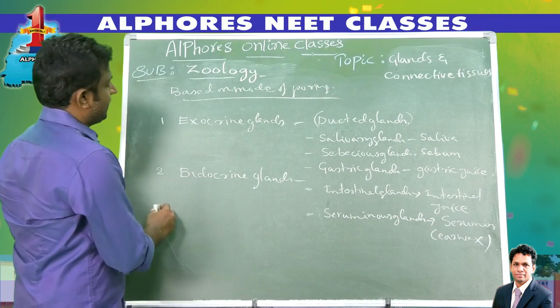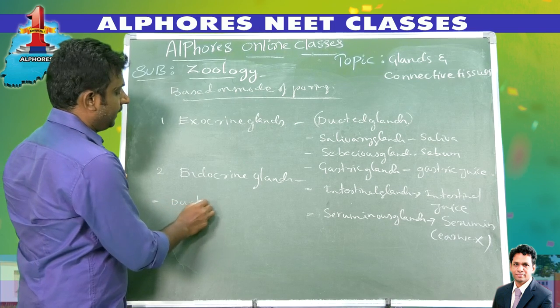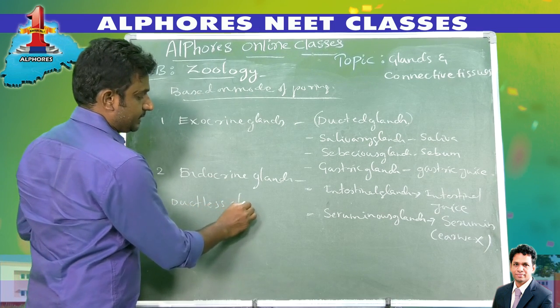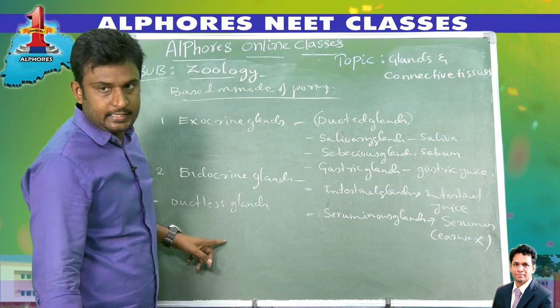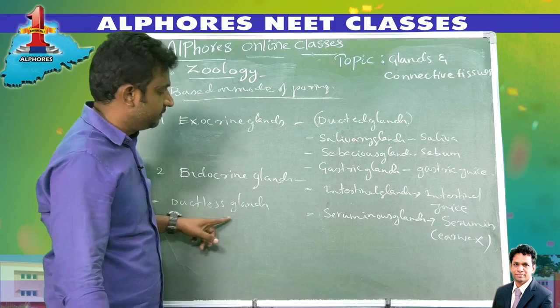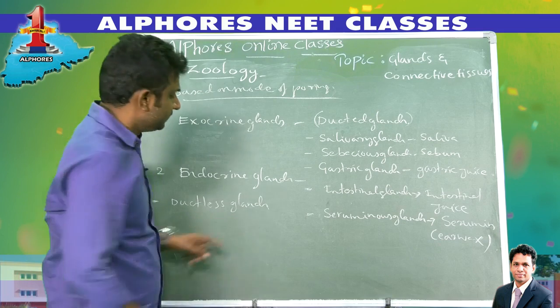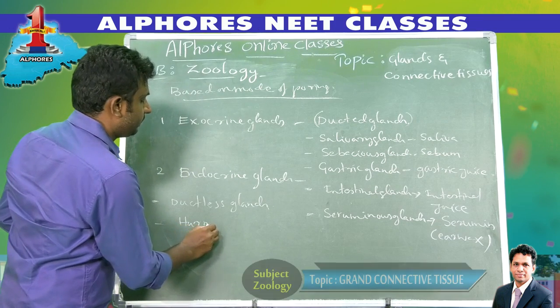The second type of glands are the endocrine glands. Endocrine glands are the ductless glands. So the glands without any ducts release the hormones.